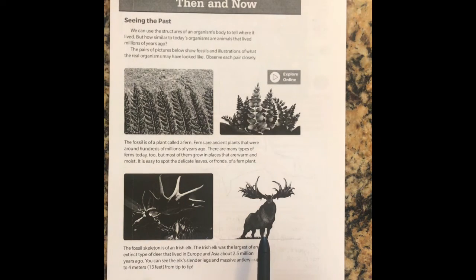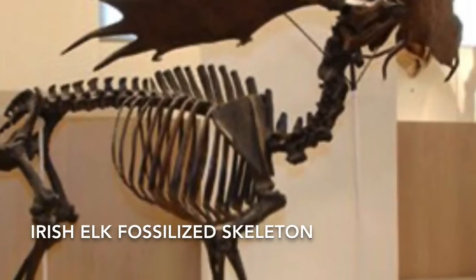You can start to draw comparisons between the Irish elk and animals that are still around today, like a moose or a deer, or there are other species of elk that are still around today as well. So there are relatives that still exist today and are not extinct.